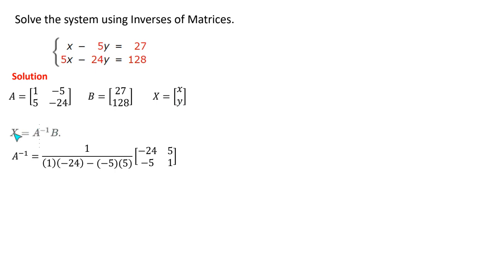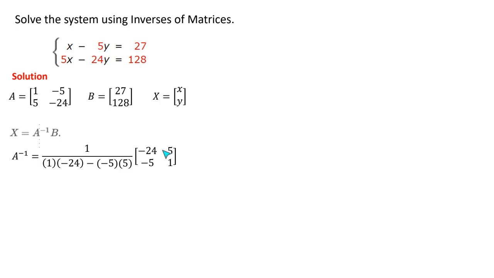So in the formula, it says that we need to know what A inverse is. We don't know what that is. They didn't give it to us. So we need to figure it out. We're going to use the formula since it's a 2 by 2. So we get 1 times -24 minus -5 times 5. We're going to switch A and D. So that's -24 and 1. Switch the sign.